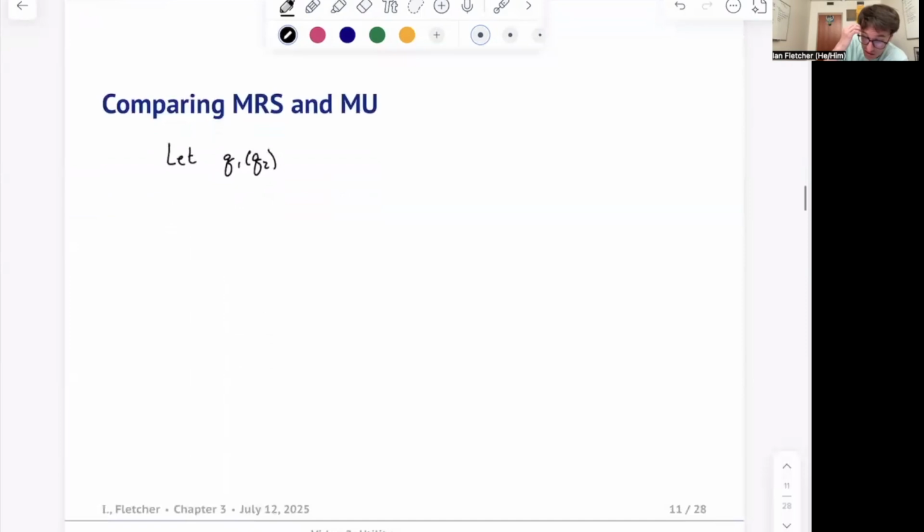Okay, so if we let Q1 be a function of Q2, an implicit function, then we can write our U as a function of only Q2, right? And so let's differentiate with respect to Q2.